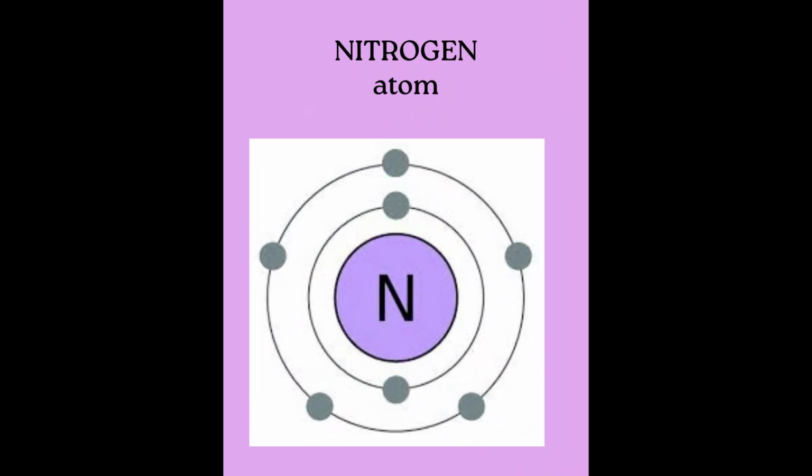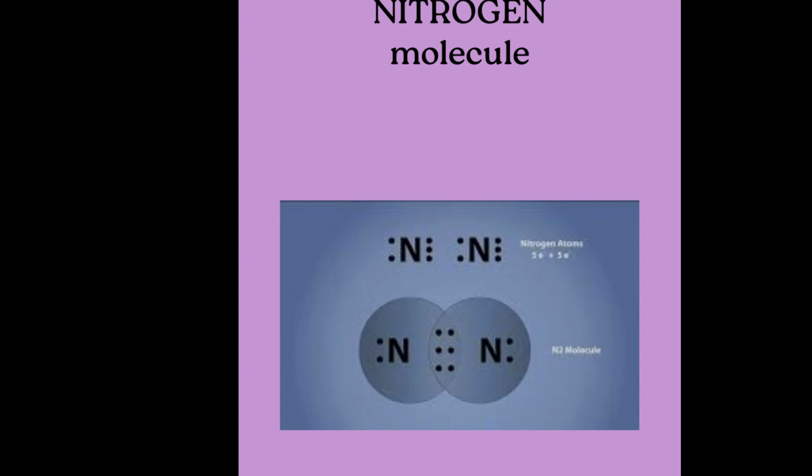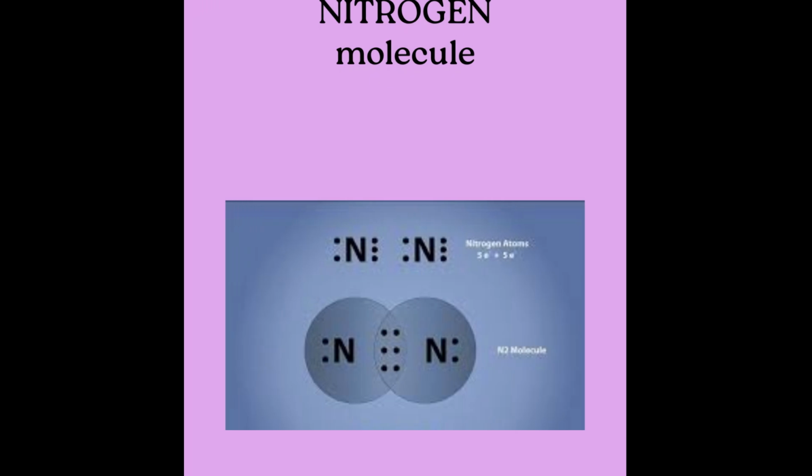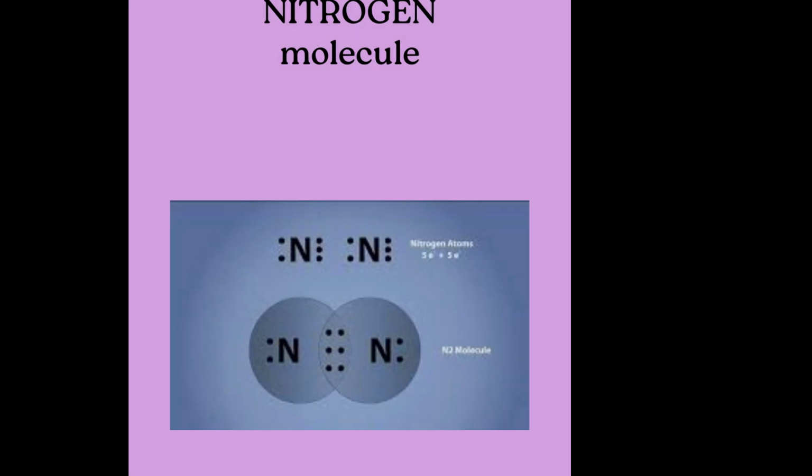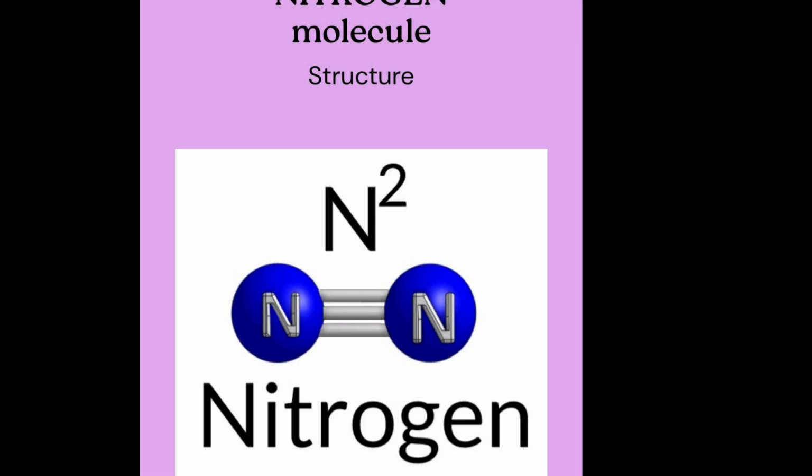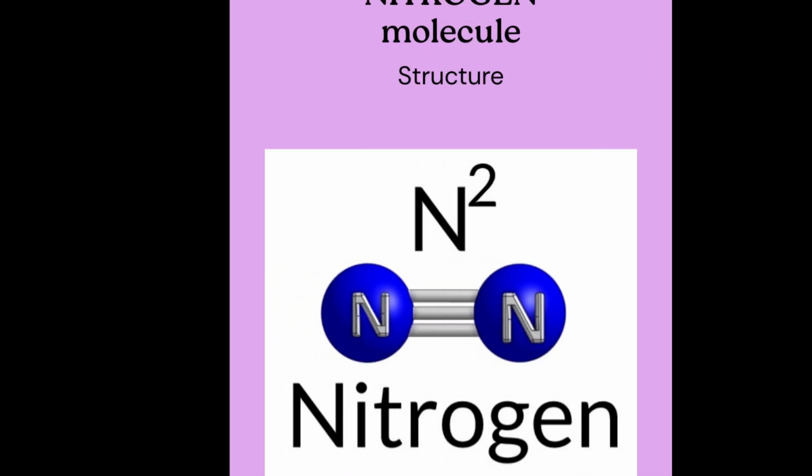Now let's talk about the third example, nitrogen. Nitrogen's atomic number is 7. So its electronic configuration is 2 and 5, with 5 electrons in the outermost orbit. So nitrogen is short of 3 electrons to complete its stable configuration. So it shares 3 electrons with one more nitrogen atom to form 3 covalent bonds between them.